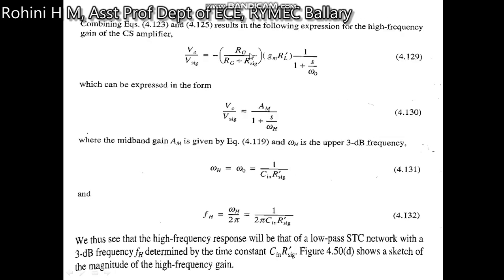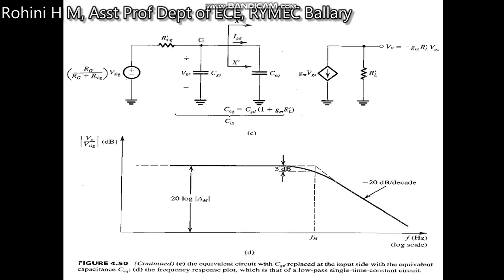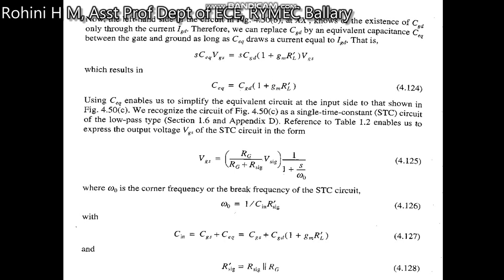So we are now determining what it is. SC equivalent into VGS can be found by this expression. The common terms cancel, so C equivalent is equal to CGD into 1 plus GM into RL dash.